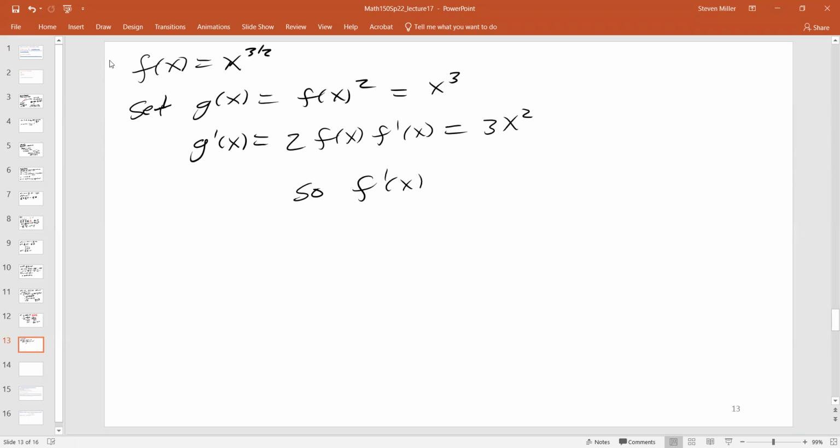So f prime of x is 3 halves x squared over f of x. So f prime of x is 3 halves, f of x is x to the 3 halves, x squared divided by x to the 3 halves is just x to the 1 half. This is the nicer way of doing it. This works for all exponents.